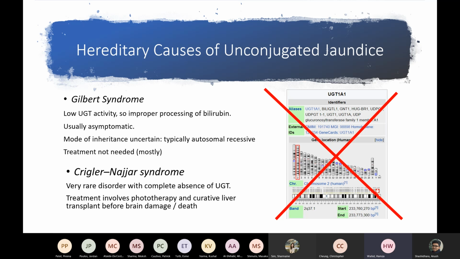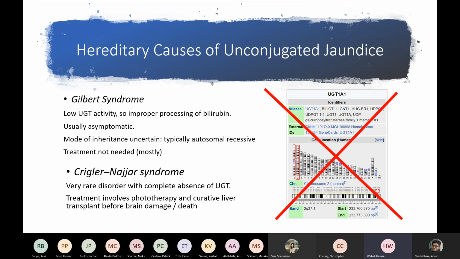Then we're going to talk about a couple of hereditary causes of unconjugated jaundice. And as you can see, I've put the Wikipedia little image of the UGT1 gene, which I believe is something like uridine diphosphate glucuronosyltransferase. No, I don't know it.